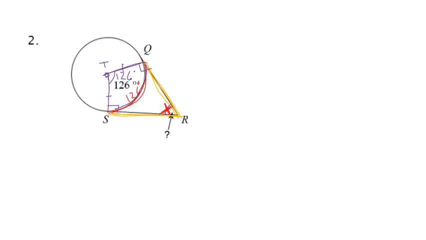So the reason that this is helpful is if I have this four-sided figure, I know that a quadrilateral has to add up to 360, or if I wanted to even split it, I could and get two 180 triangles. So if we go ahead and write that out, I have 126 plus 90 plus 90 plus x is 360.